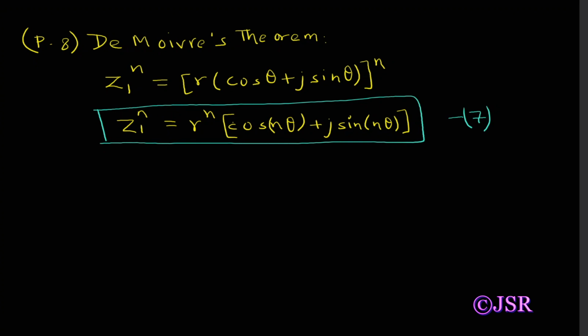So this is z1 to the power n according to de Moivre's theorem. All these properties we will further use to find out the stability analysis using the Bode diagram for the different types of linear systems.